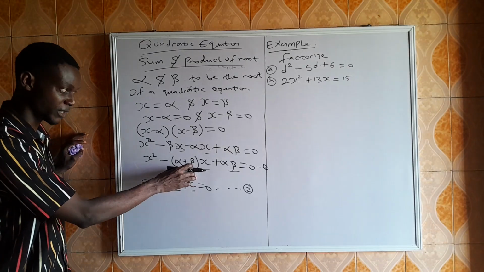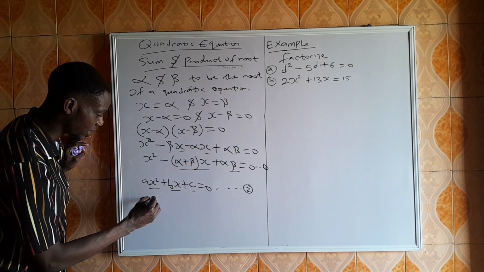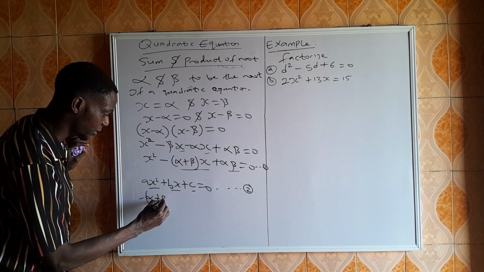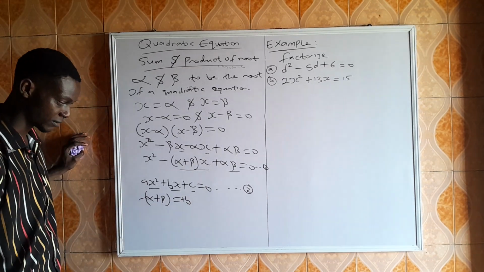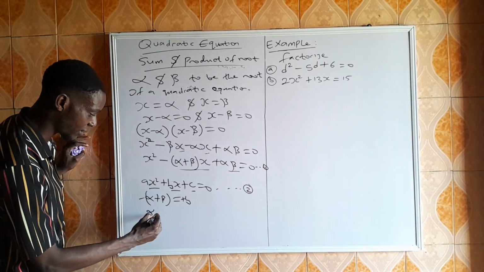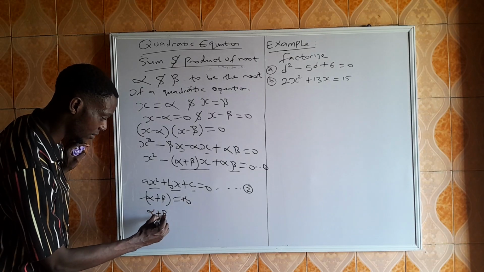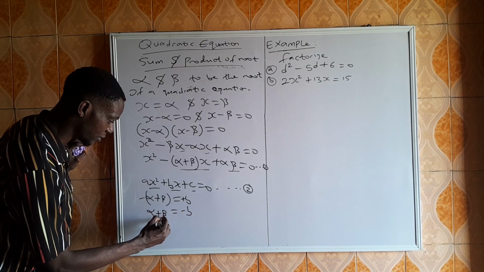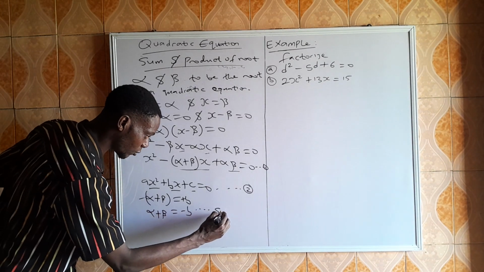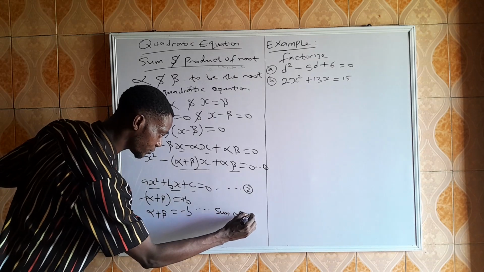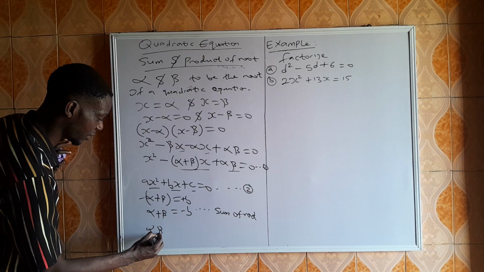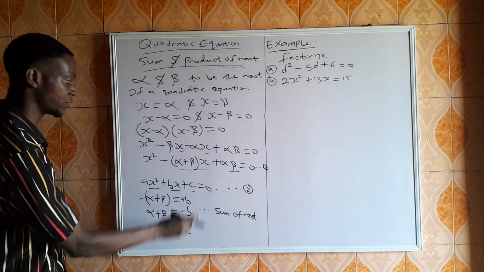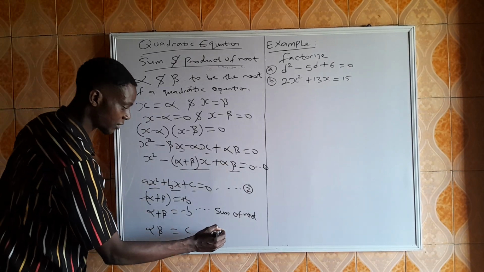So we can deduce that minus (alpha plus beta) is equal to b. From here, alpha plus beta equals minus b. This is what we call the sum of roots. For the product, we have alpha beta equal to c, which is the product of roots.